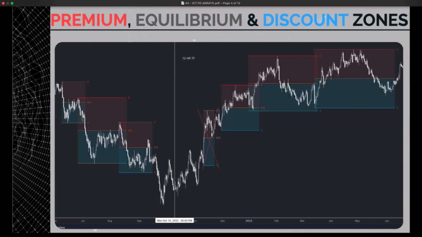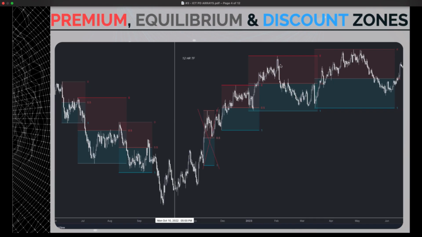When in reality, it doesn't always happen, and then you start changing your plan to where you start taking these trades as well, even though it doesn't tap into the equilibrium or discount zone, and then all of a sudden you start losing trades because you switched up your entire plan instead of just sticking to it and being strict. And as you can see, if you were to draw it up again and you were patient, you would have gotten a retracement to the equilibrium or your discount zone.